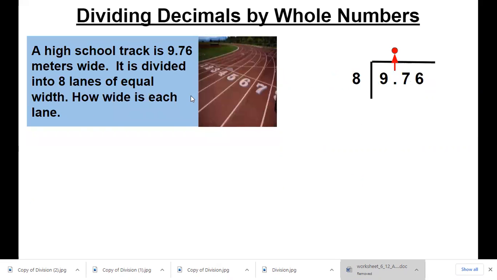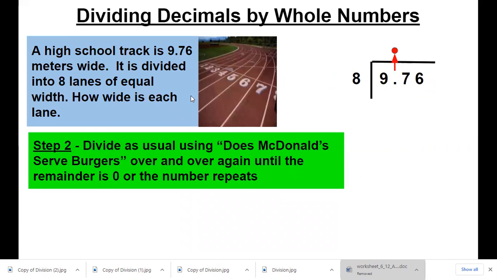Now, step 2, divide as usual using Does McDonald's Serve Burgers over and over again until your remainder is 0 or your number repeats. Or if the word problem tells you to round to a certain place value, then you would stop there.